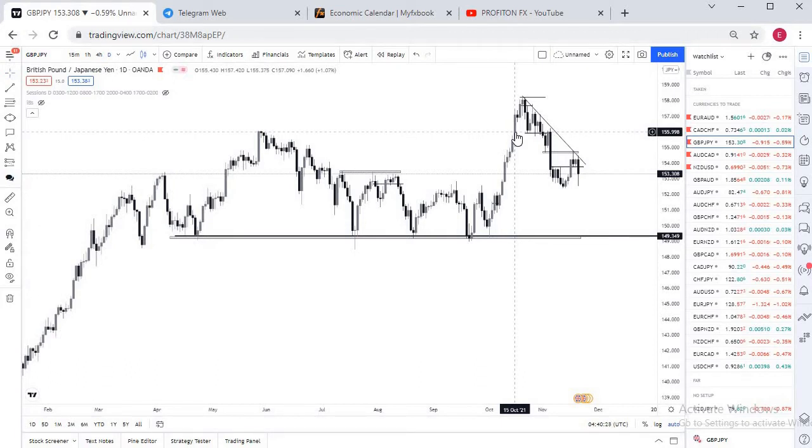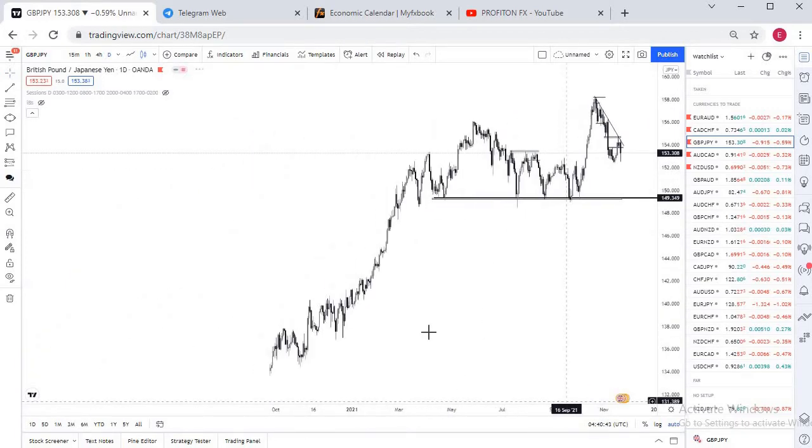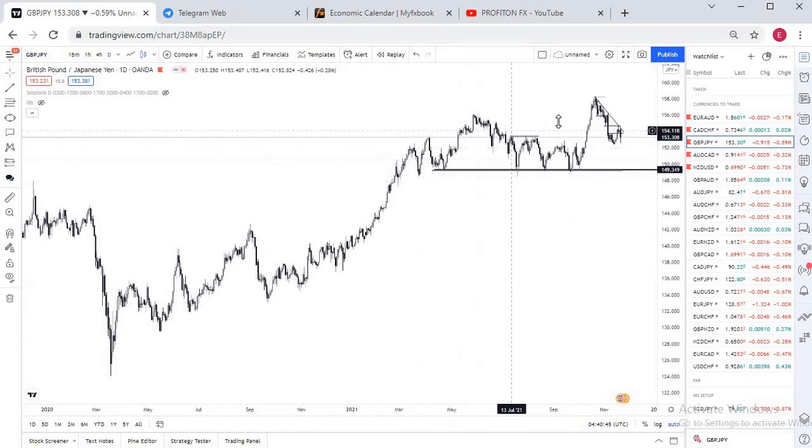I mean, once we wipe out this whole move here, I will consider that we may not be continuing with our overall bullish trend, because when you zoom out, you'll see this market is just pushing to the upside.